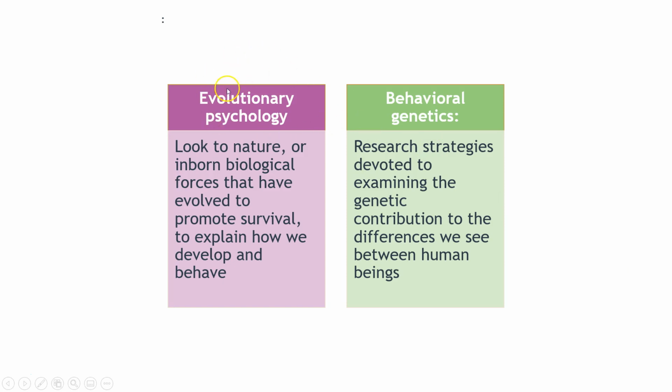So evolutionary psychology looks to nature or inborn biological genes that have evolved to promote survival and explain how we develop and behave based on these genetic survival of the fittest traits. Whereas behavioral geneticists use specific research strategies like those adoption studies, twin studies, to examine the genetic contribution to the differences we see between human beings.